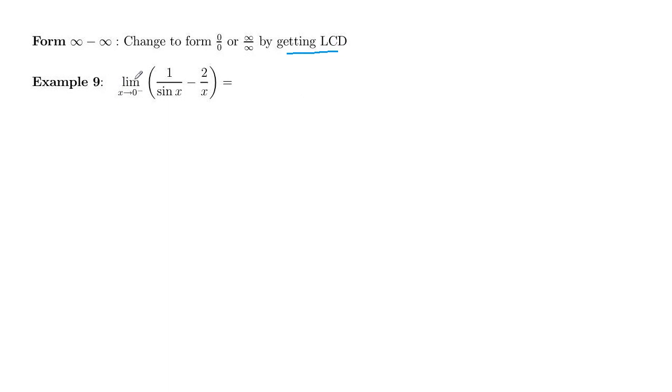So we want to look at the limit as x approaches 0 from the minus side of 1 over sine x minus 2 over x. And let's see here, x is getting close to 0, but it's less than 0, and so sine x is approaching 0. And remember what the sine x graph looks like.